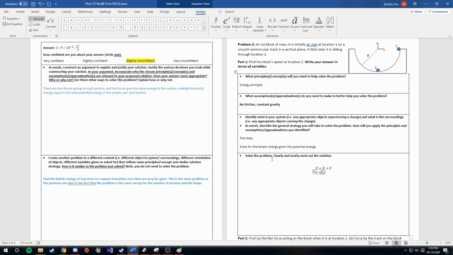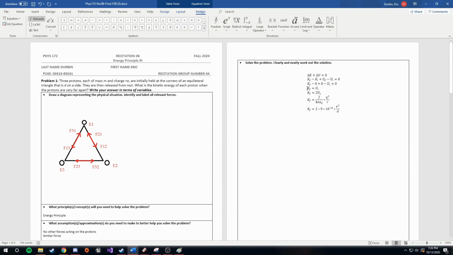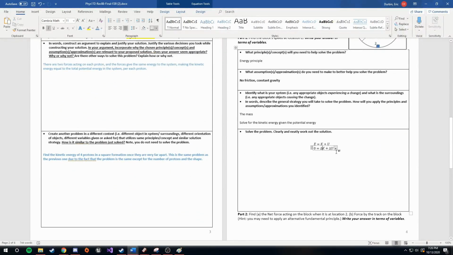Using that we can solve for kinetic and then velocity.